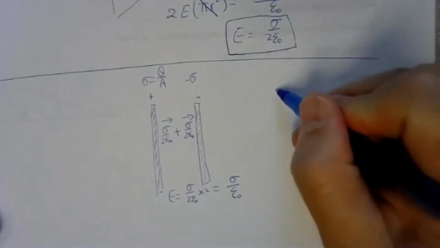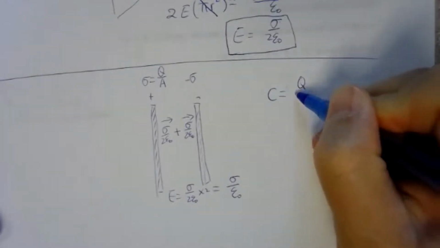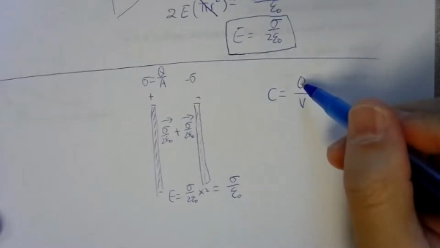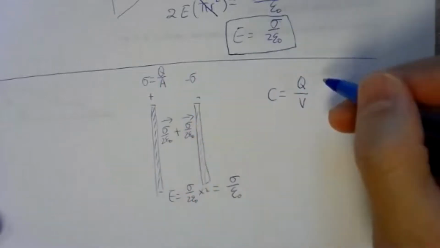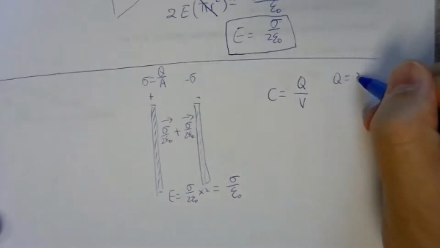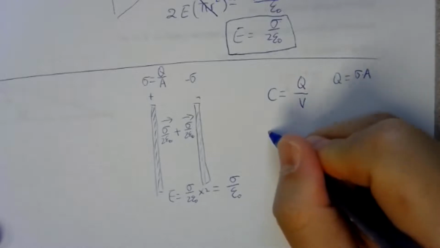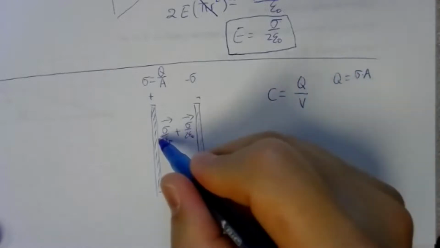Now, capacitance is defined as Q over V. We have the Q, which is equal to sigma times A. Now V is the electric potential across the two plates.